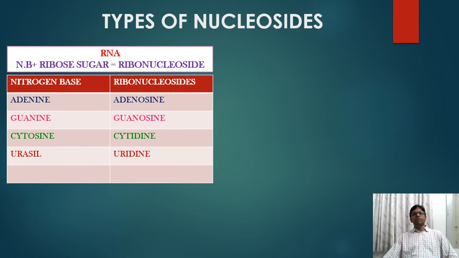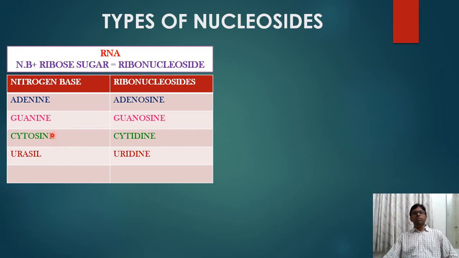Adenine, when it binds with ribose sugar, forms a ribonucleoside, that is adenosine. When guanine binds with ribose sugar, it forms a ribonucleoside, that is guanosine.